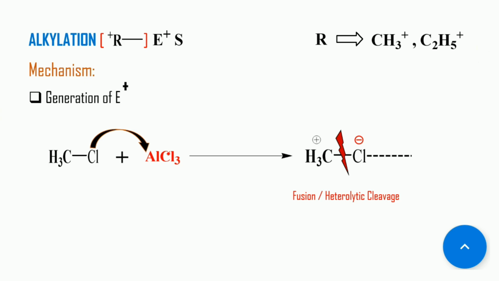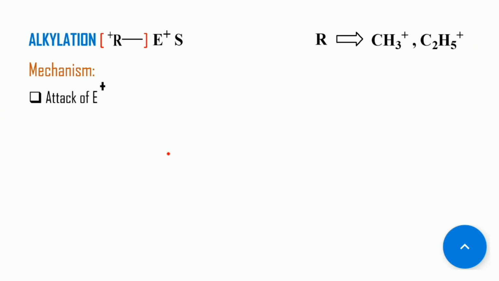Finally, our electrophile is ready, and it goes for the second step, that is attack on the benzene. Okay, understood? Next, second step, that is attack of the electrophile. We all know, so here is benzene.